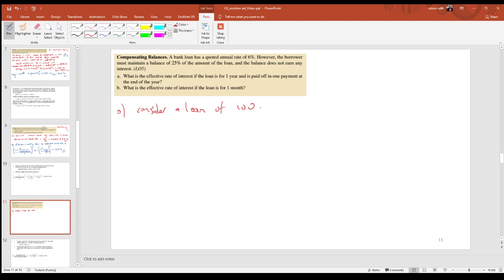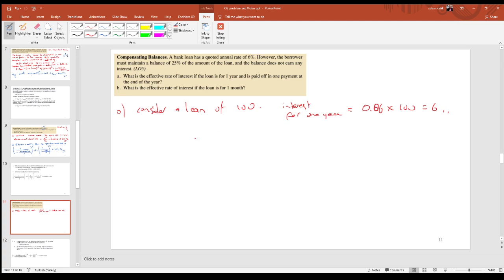So the interest we should pay over a 1 year period will be 6% of 100, which is 6.